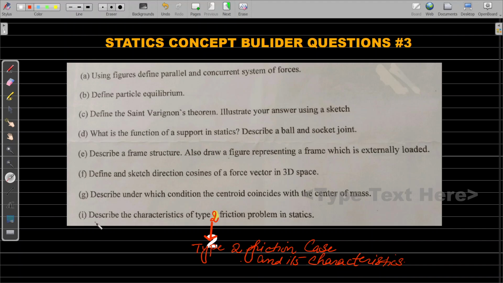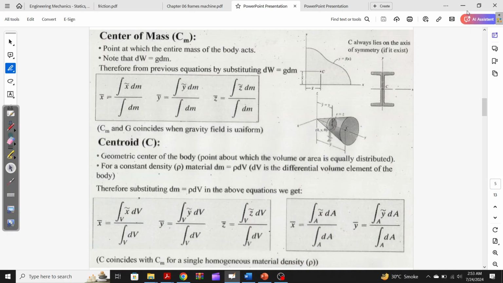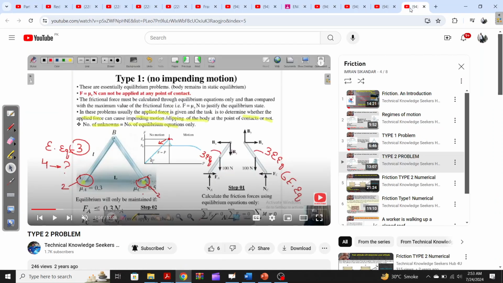Okay, now comes this: describe the characteristics of type 2 friction problems in statics. It's a very good problem, a static conceptual reasoning question. So here I have explained.